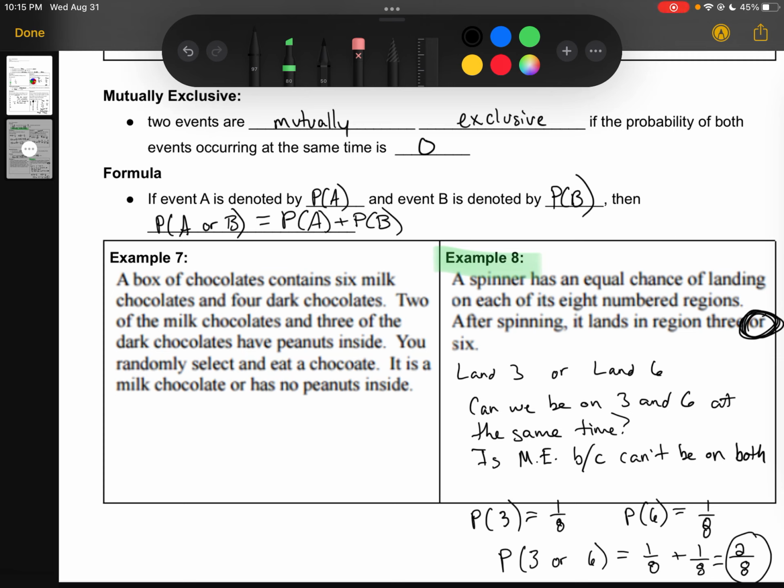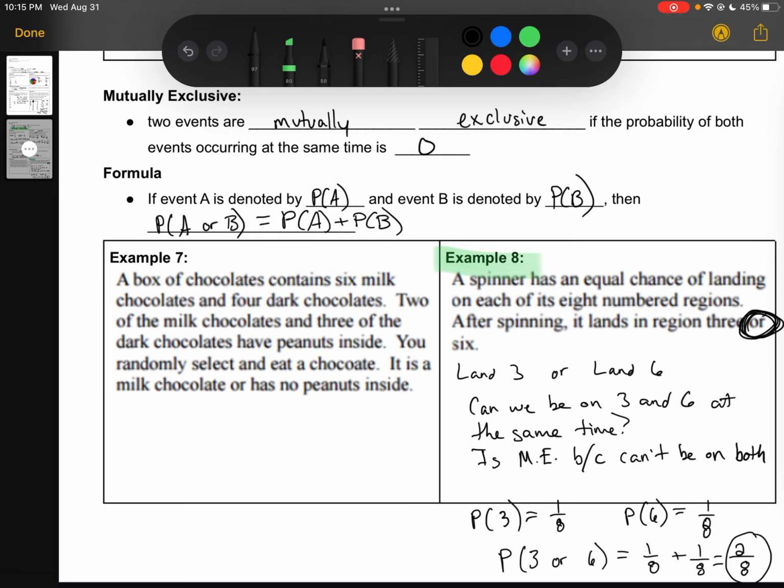So if you're thinking about mutually exclusive already, and you're thinking about, okay, I could have a chocolate bar that is just milk chocolate or just a peanut bar, well, sometimes you can mix the two things together. So if the two things are happening at the same time, we know that they are not mutually exclusive. So if you are looking to randomly select and eat a chocolate, we are looking for the probability that it is milk chocolate or it has no peanuts inside.